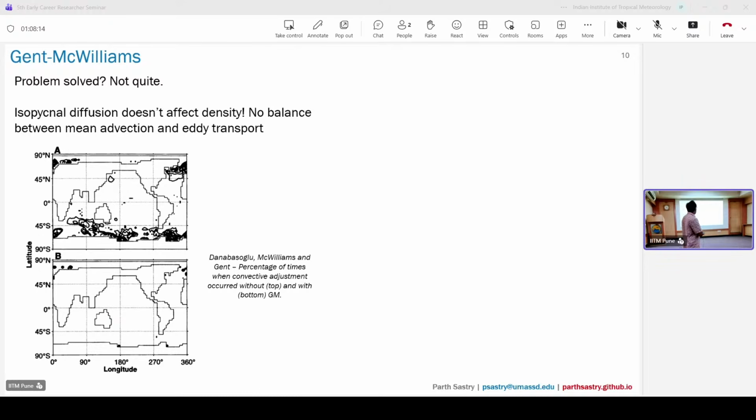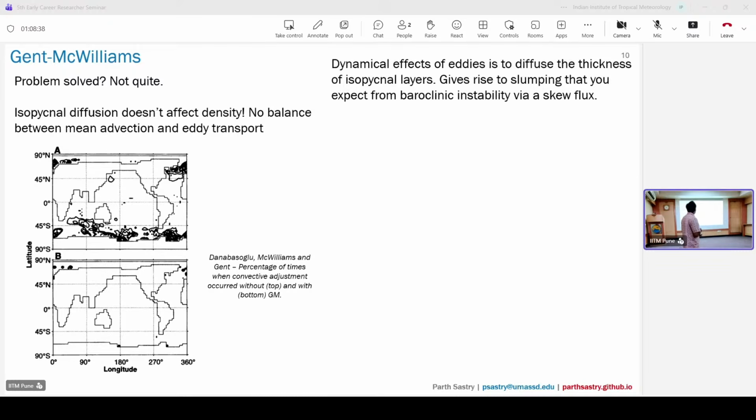And all of these contours really represent areas in which denser fluid happens to fall over lighter fluid in your models, which means that there has to be some sort of convective adjustment to account for that. And then when they implemented this parameterization, which I'll talk about just now, that amount of convective adjustment drastically reduced, which means that your model was being much more physical in dealing with these.